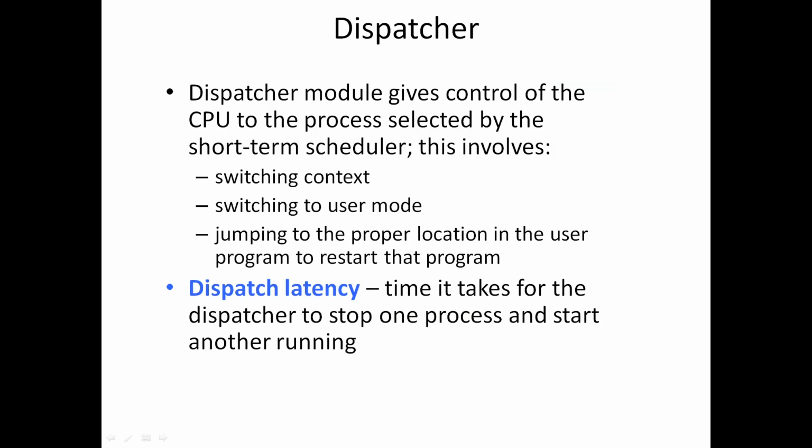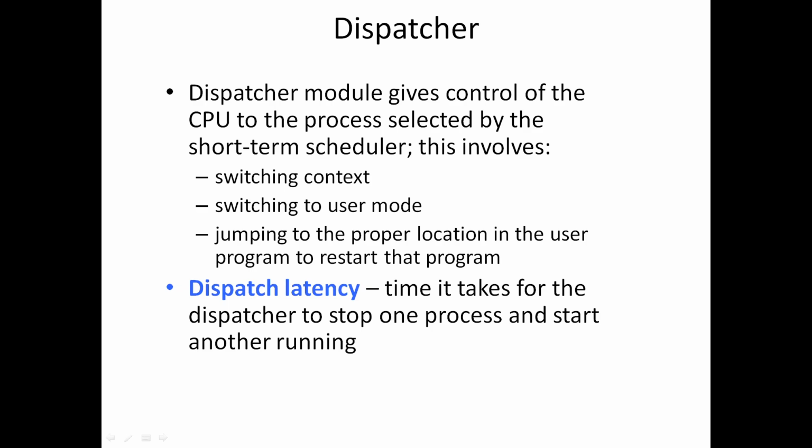Here we use a module called the dispatcher. The function of the dispatcher module is to give control of the CPU to the process selected by the short-term scheduler. This involves switching context, switching to user mode, and jumping to the proper location in the user program to restart the program. Here we have the dispatch latency.